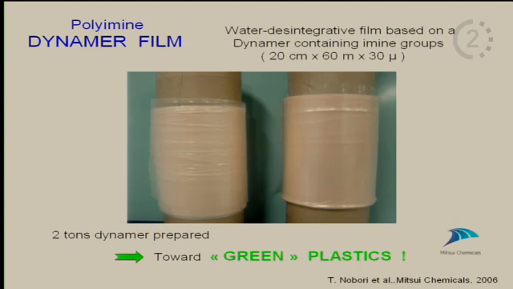This is what Mitsui Chemicals made, sort of green plastics, a very nice material. You put it in water, it disaggregates slowly. And the rate at which it disaggregates depends on how you have made it, what the components are. So you can make dynamic polymers which have a controllable time for degradation in water, in the environment.